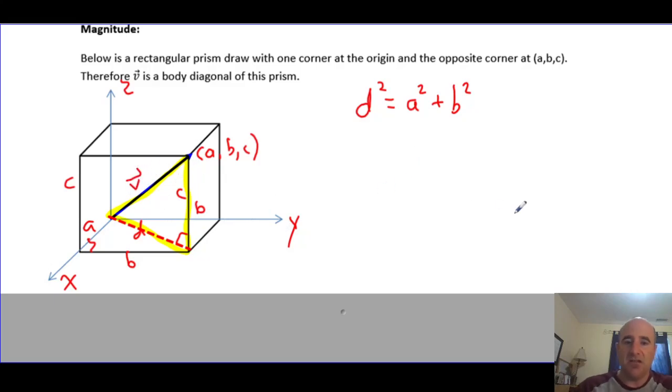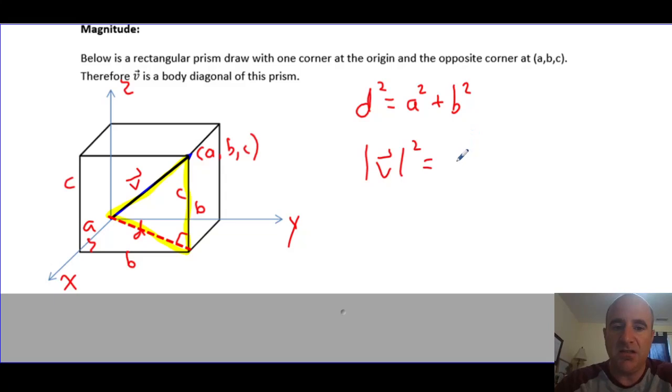So now I can say that vector V squared, using the Pythagorean theorem again, is equal to D squared plus C squared. D being one side and C being the other. But D squared is really just A squared plus B squared.